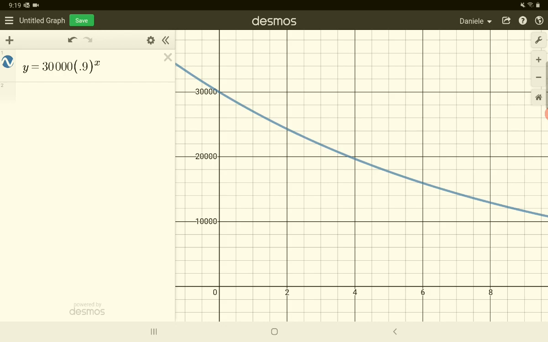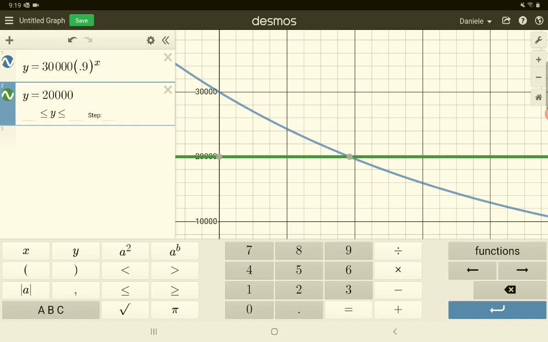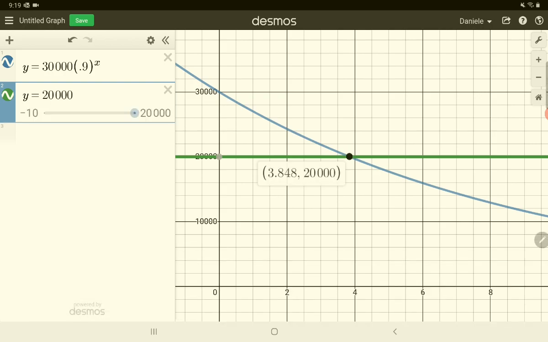Here's what you're going to do to solve something like this: you're going to plot y equals 20,000. So you're going to plot a horizontal line. And look at what pops up. It shows you the intersection point. That's the point we want to see.